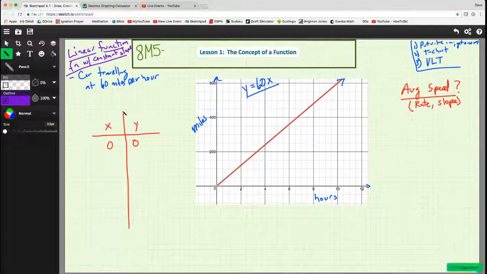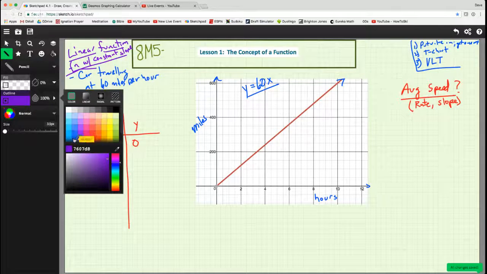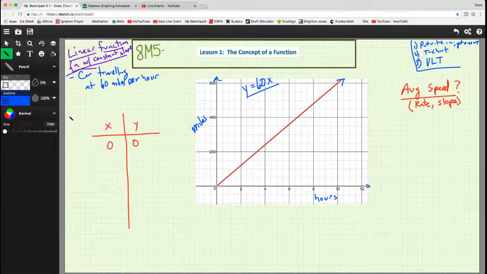Okay, linear function. So a car traveling at a constant 60 miles per hour. So let's recall from 8 and 4 what this means. At a constant 60 miles per hour. So remember, miles per hour, that's our hint that this is a rate. This is units per unit.